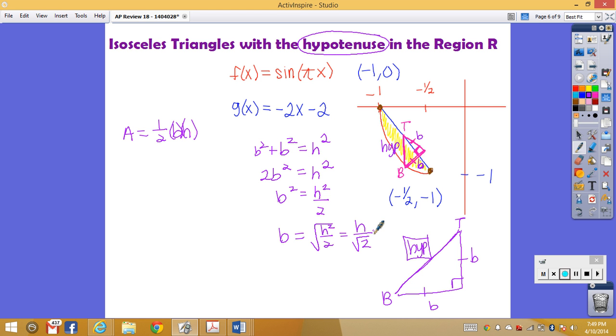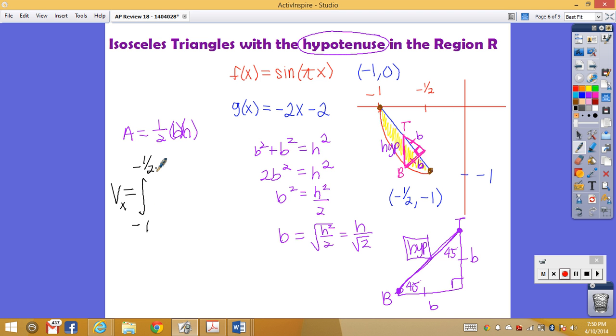So what does that mean? It means that if I know how big the hypotenuse is, then the base is the hypotenuse divided by root 2. You could have also done a 45, 45, 90 triangle to get that same answer. So what that then tells me is if I want to find the volume, I'll do this as a dx problem. X's go from -1 to -1/2.